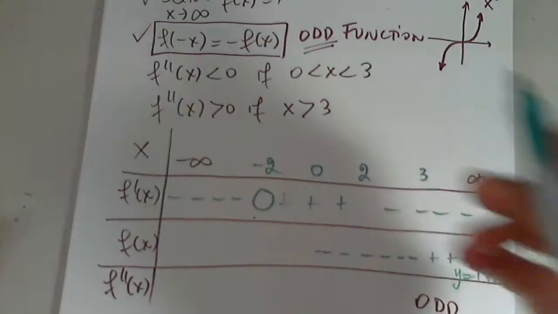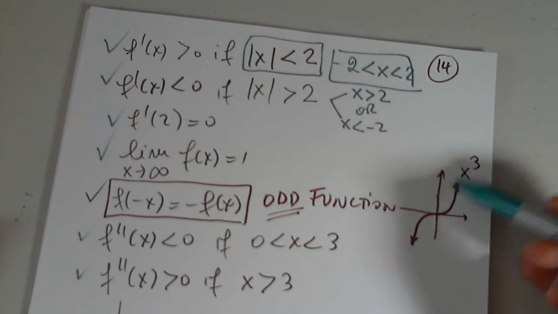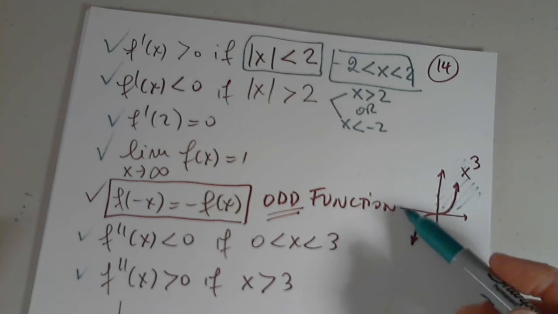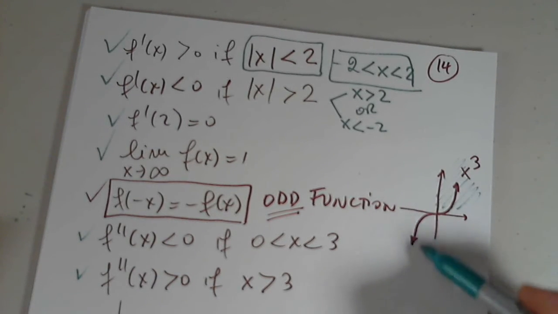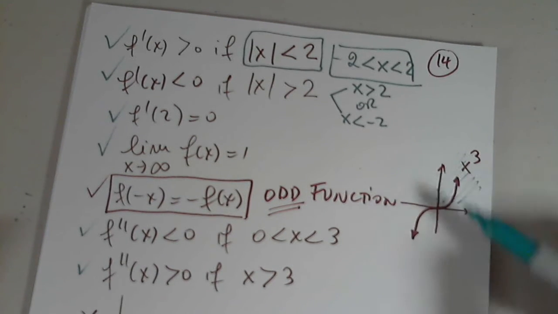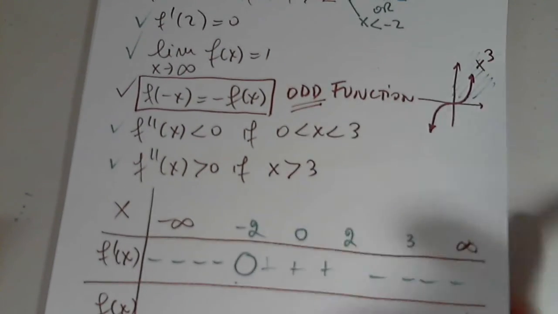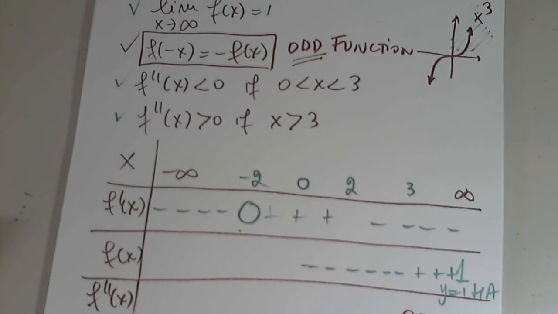These are already summarized in our table. Remember, whatever we graph in the first quadrant has to have a copy in the third, or what we graph in the second quadrant has to have a copy in the fourth over the origin. That's the definition of an odd function.